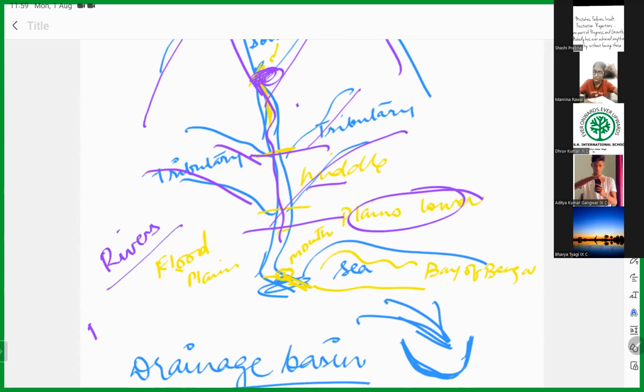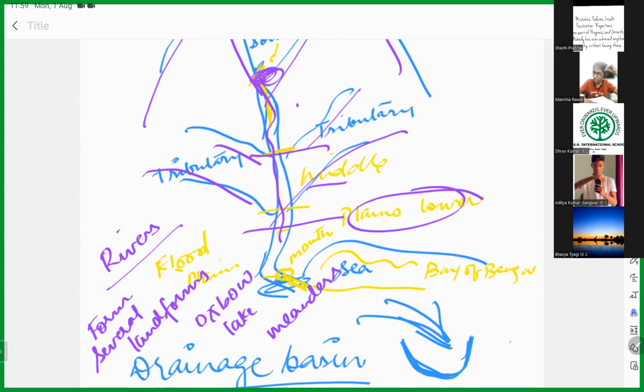rivers form several landforms like Oxbow Lake, fine, then meanders. All these structures are formed by the river in the lower course when it is doing its depositional work.